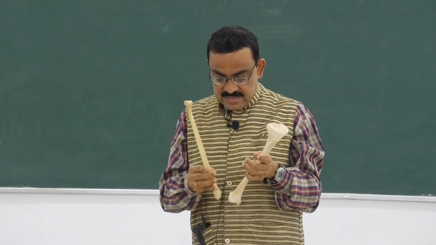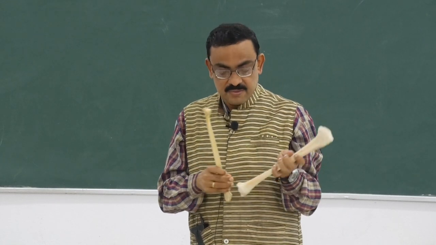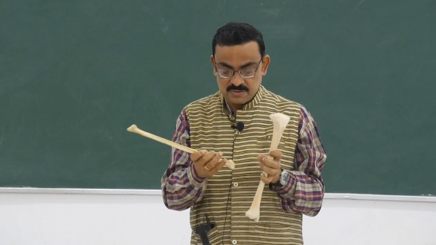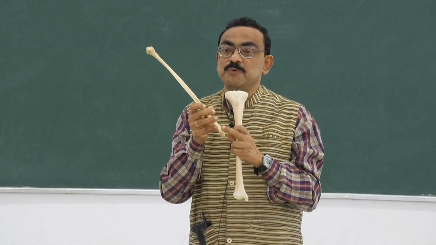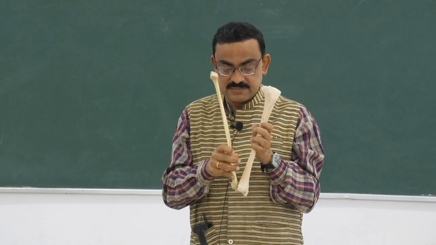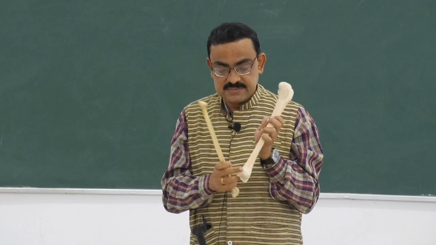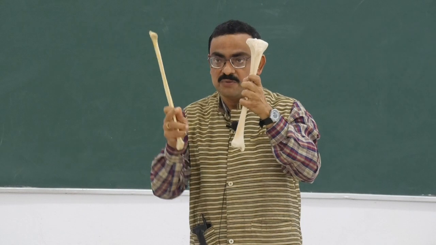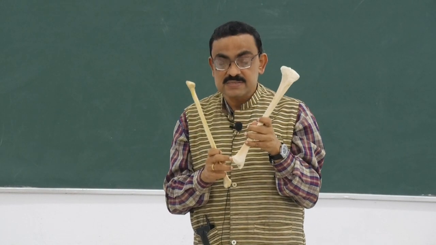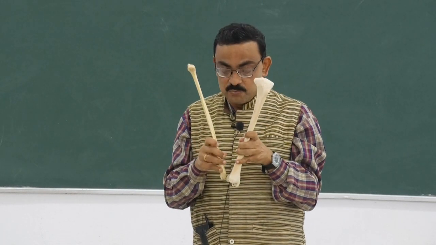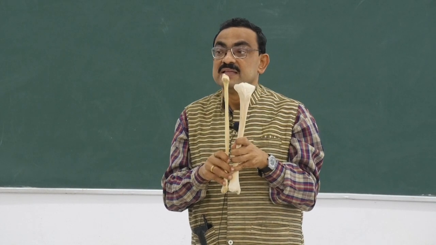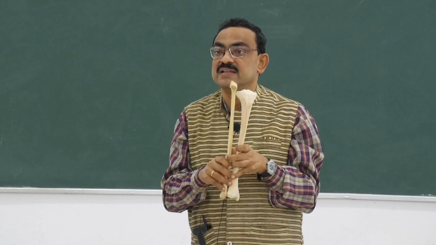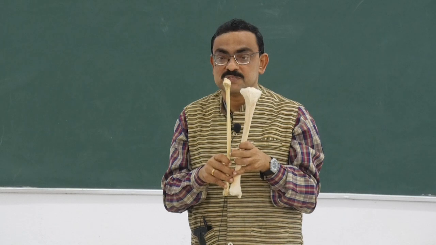And in the lower part, this is the fibular notch with which the fibula actually articulates. Okay, I will show you. This is the fibular notch, and this joint is a fibrous joint. Very little movement is possible.